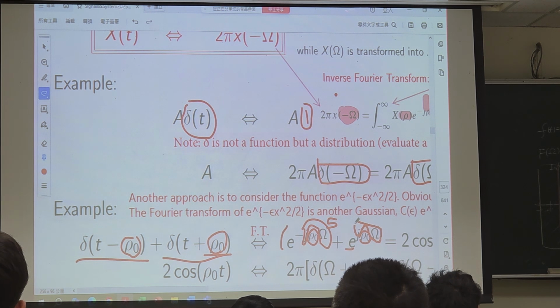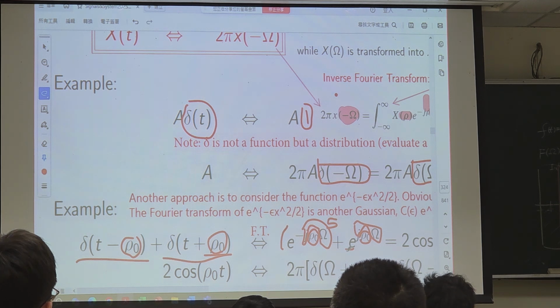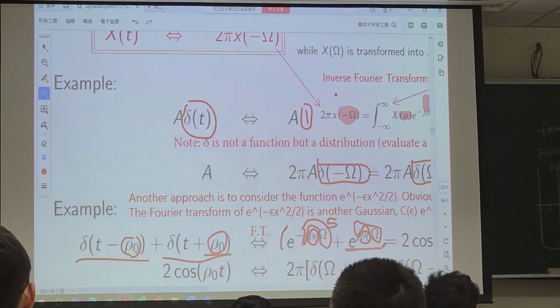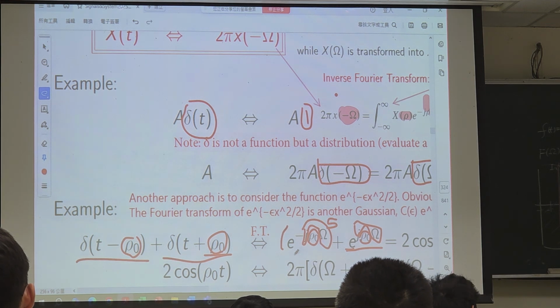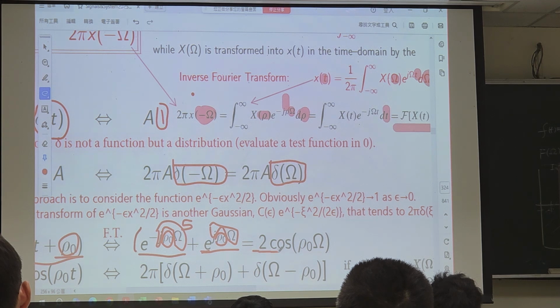So this function is the operator of time delay or time advance in the frequency domain. The sum of these two terms is equal to the cosine function.